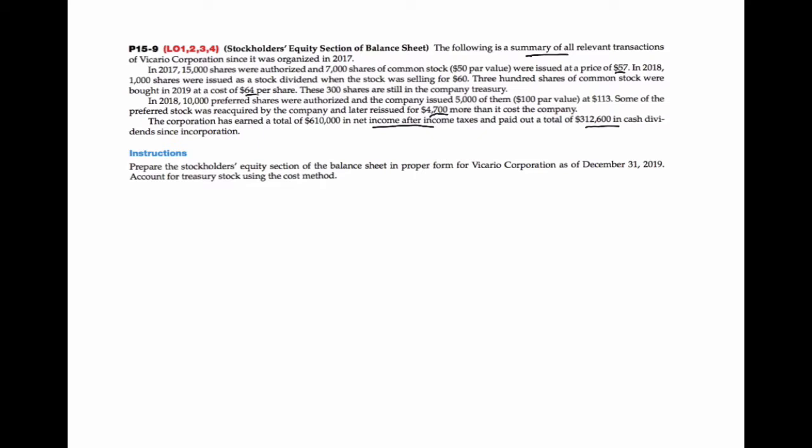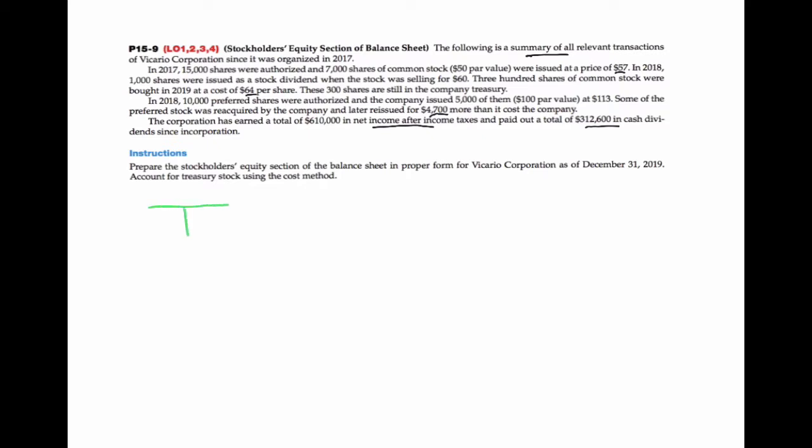So let's start with, in 2017, 15,000 shares were authorized and 7,000 shares of common stock, $50 par, were issued at a price of $57. Okay, so 7,000 shares were issued at a price of $57 and they have $50 par.